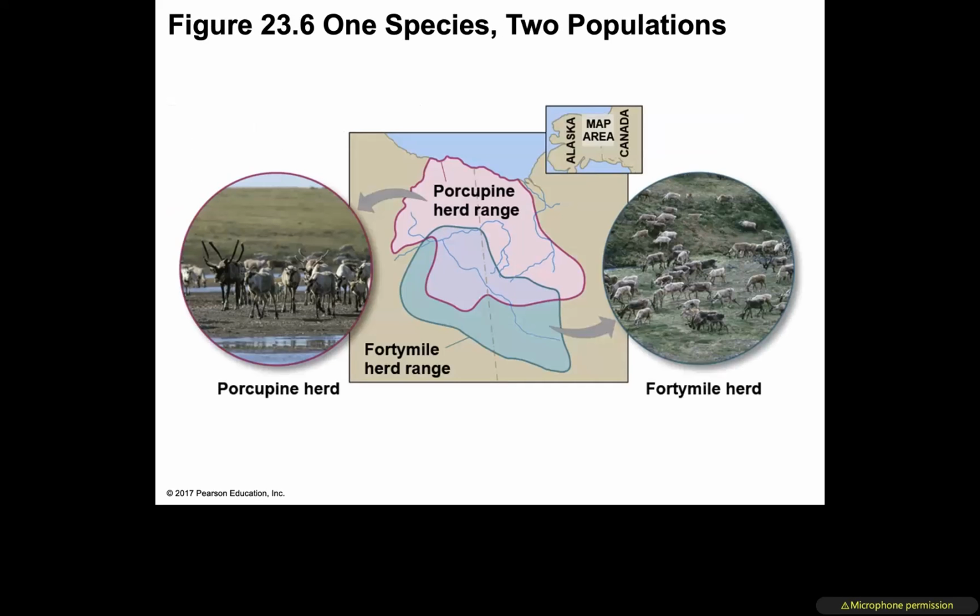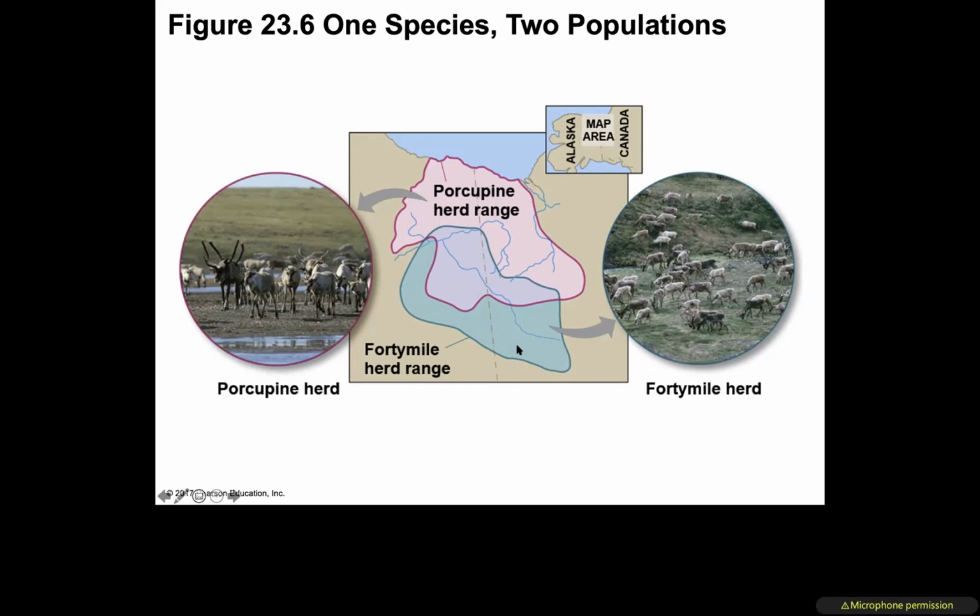So this is just an example of a crossover of two populations where they share a similar land. You got your Porcupine herd, these look like caribou. So you got your Porcupine herd down here. You have your 40-Mile herd.